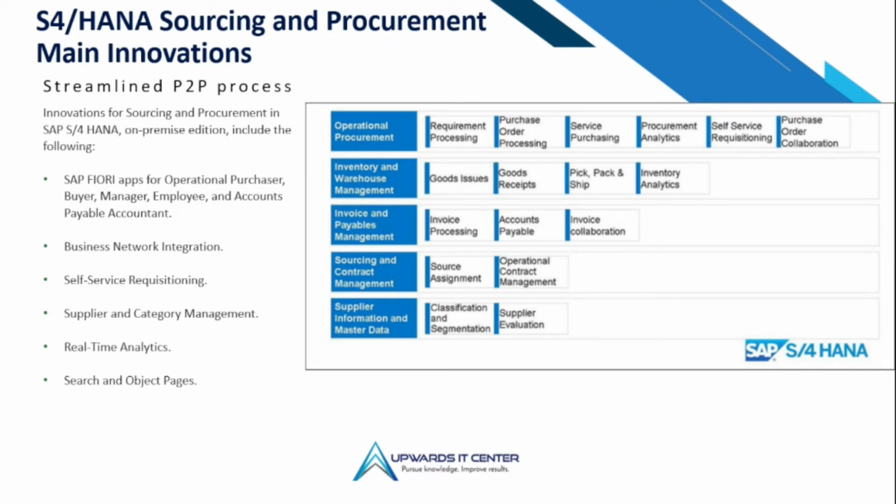So there are a lot of new reports and KPIs that you can use in S/4HANA. And finally, search and object pages that were created for procurement overview. Object pages show, for example, data and documents that were created in S/4HANA.